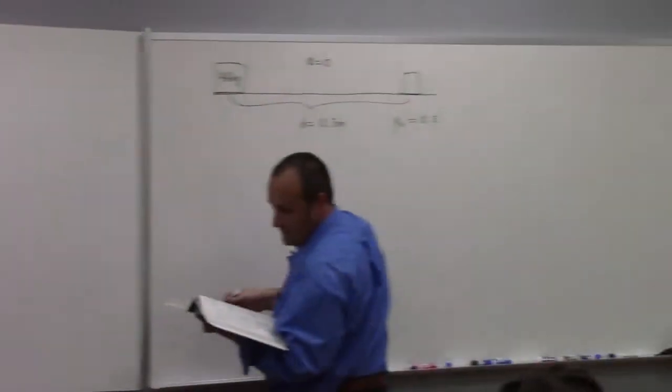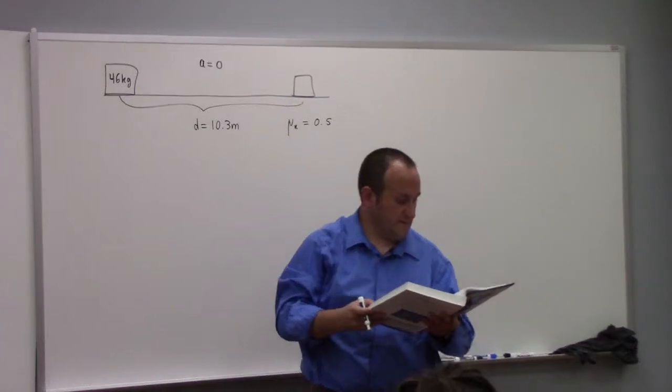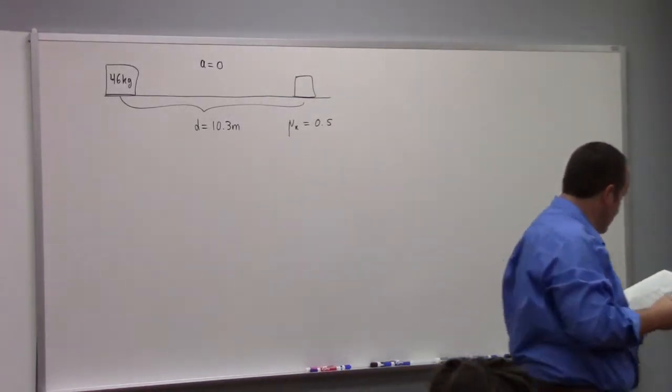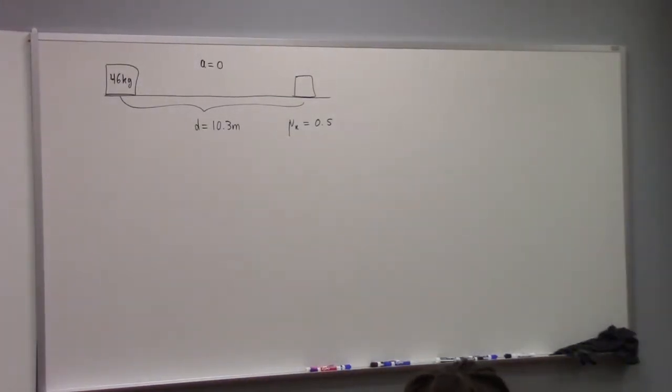And no acceleration. What's that mean? Why is that important? What if there was acceleration? What would that change? It would change, well, yeah, it would change the force that was applied, that's true. But it would also mean that there's a change in kinetic energy, right?